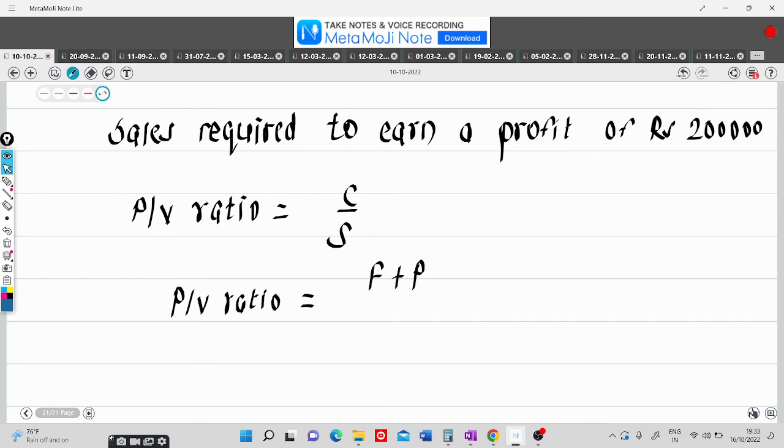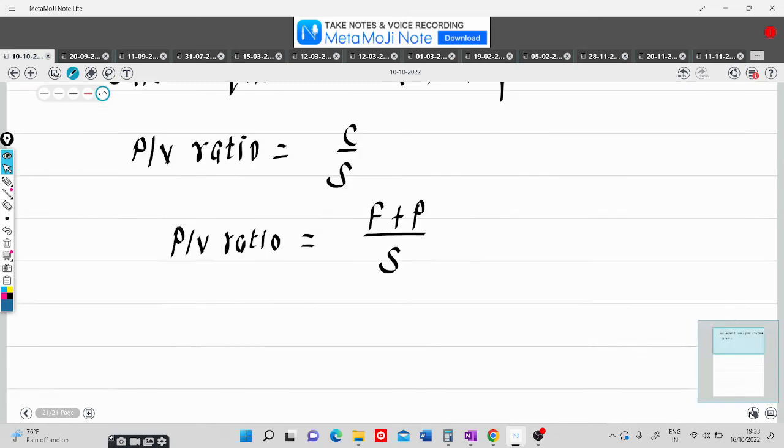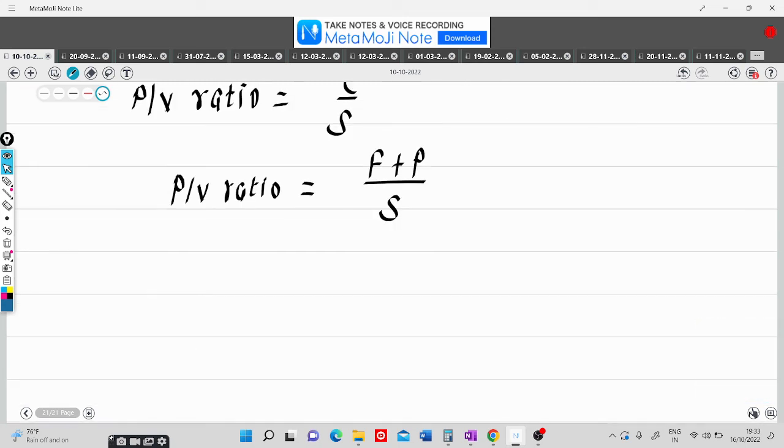F represents fixed cost, P represents profit, upon S represents sales. Cross multiplying this, it will be sales into PV ratio is equal to fixed cost plus profit.